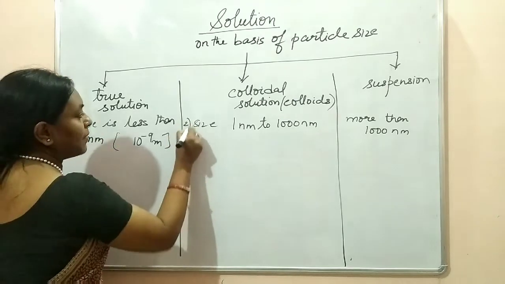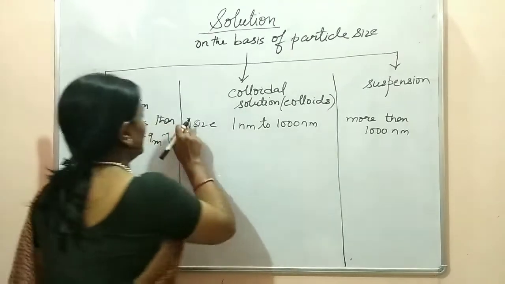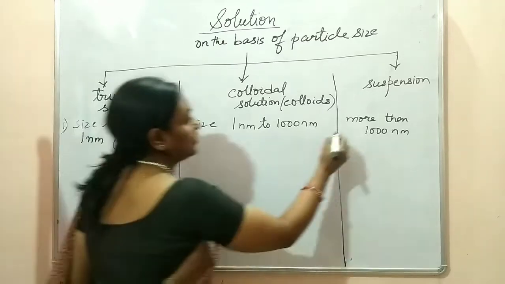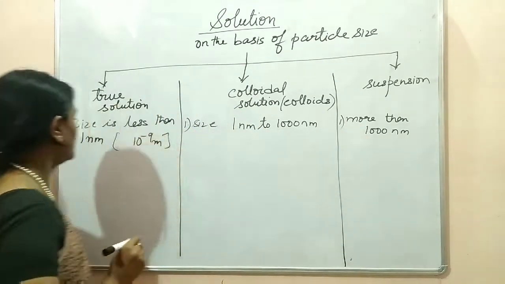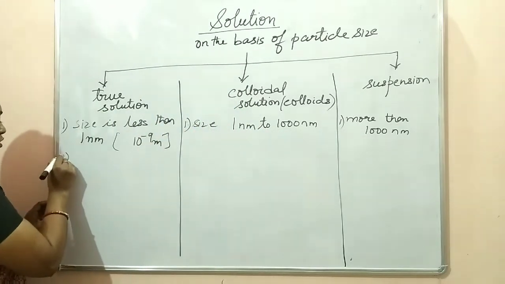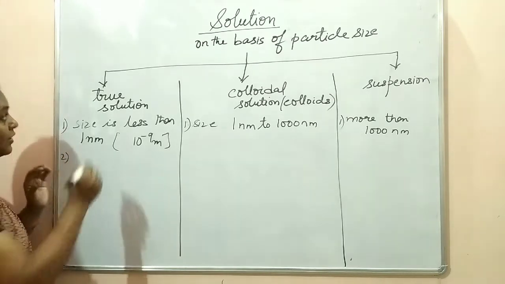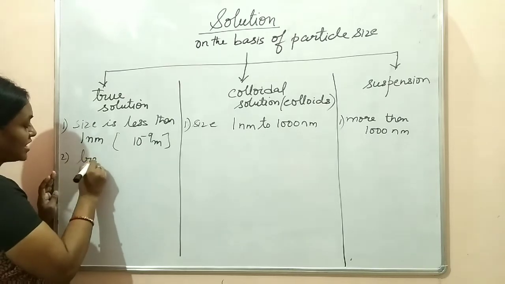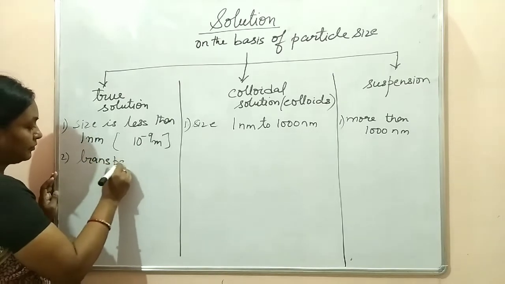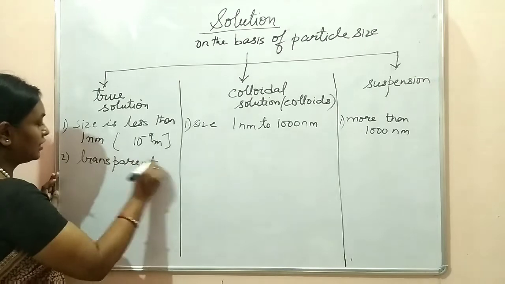On the basis of particle size, we had differentiated. Now the second point we will see in terms of visibility. How does it appear in terms of appearance? A true solution is transparent. That means light can pass through it.